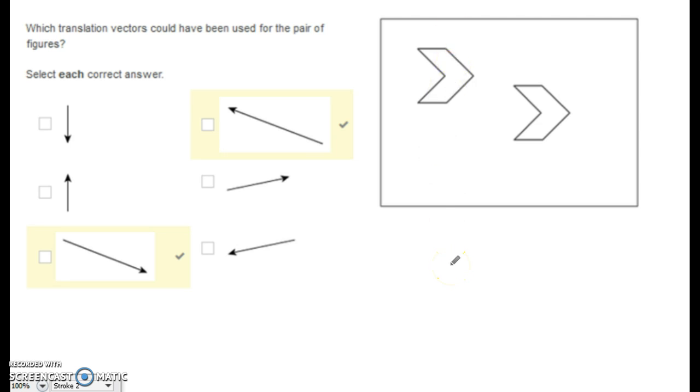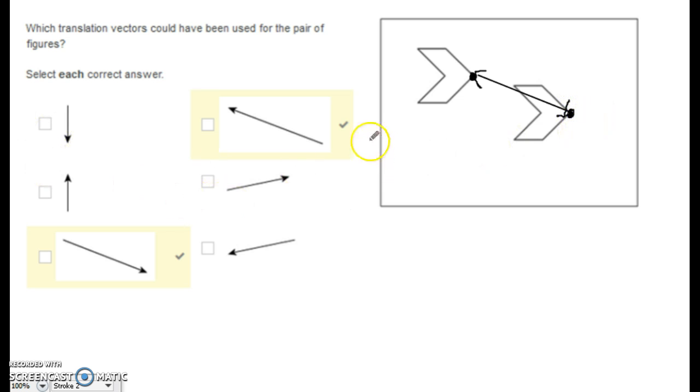Okay, which translation vector could be used? So for a translation vector, you need to pick a pair of corresponding points. So like this point of the arrow corresponds to this point of the arrow. And if you imagine taking a line and connecting those, that's going to be your translation vector, and it could go either way. It could go up or down.